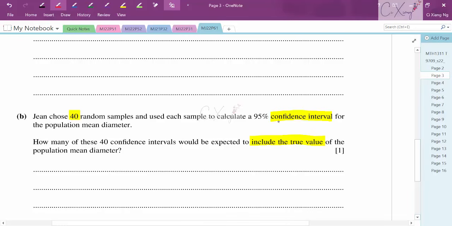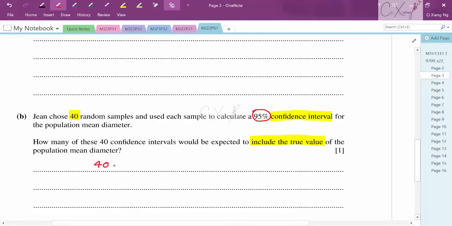That includes the true mean. Generally, it is referring to the percentage here. So when you're having 95%, it means that we are 95% confident that the true mean lies in the confidence interval. So they are saying that for 40 random samples, how many of them include the true mean in the confidence interval?